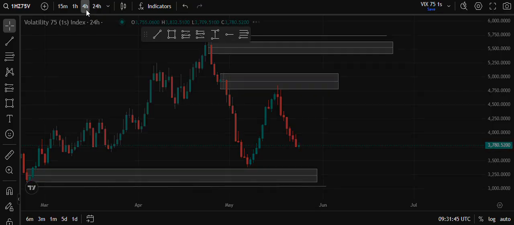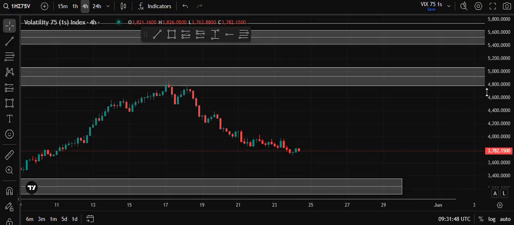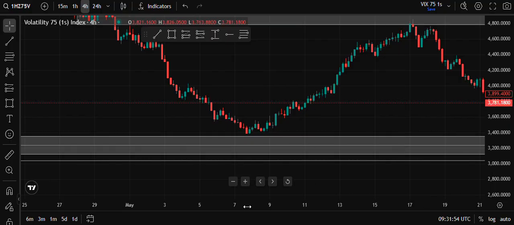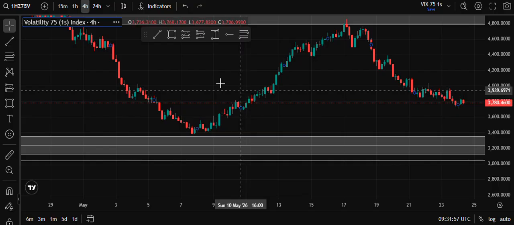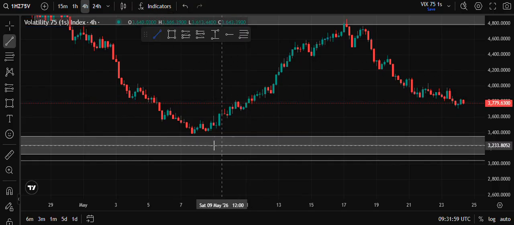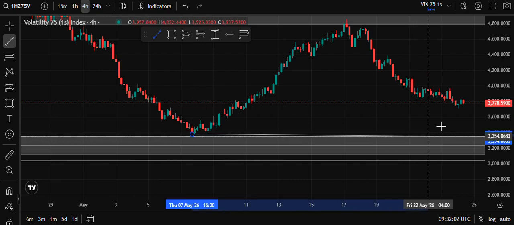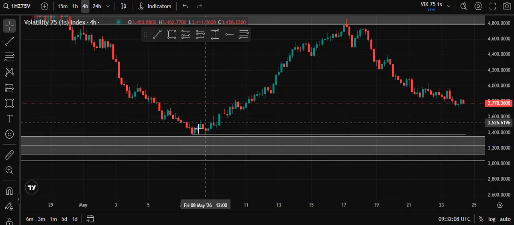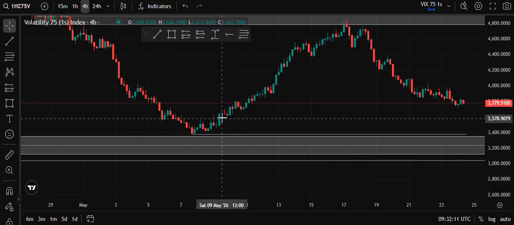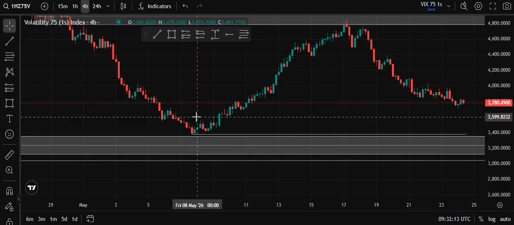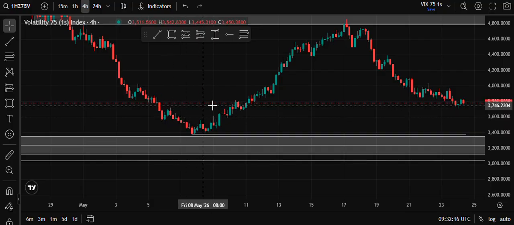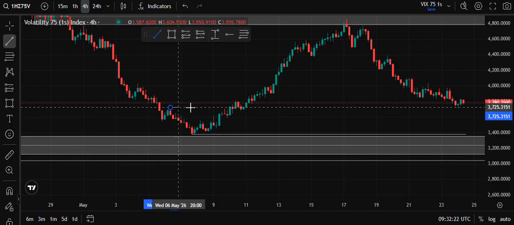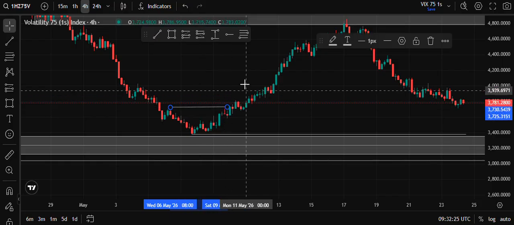Now we'll go to the 4 hour time frame. On the 4 hour time frame, this is what we have. And we have an OB here. It was mitigated, then it went up, and had another OB. So you could say these are our shifts to the upside. These are shifts going up.